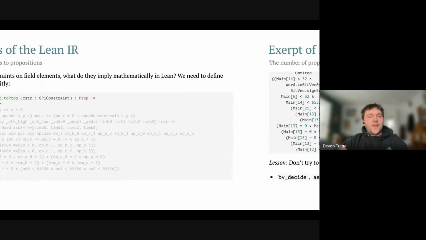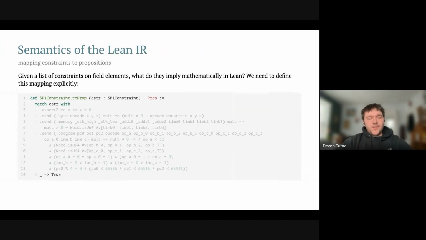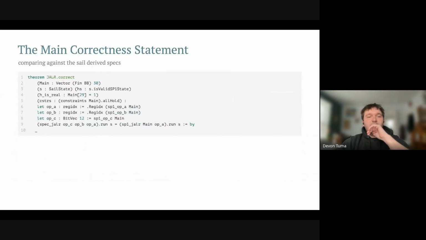So we've now associated this proposition to our statements, and we can represent what the constraints are actually implying, but we need to say something now about the specific behavior of the program, because we haven't really talked about the inputs or the outputs, if you want to call them that.